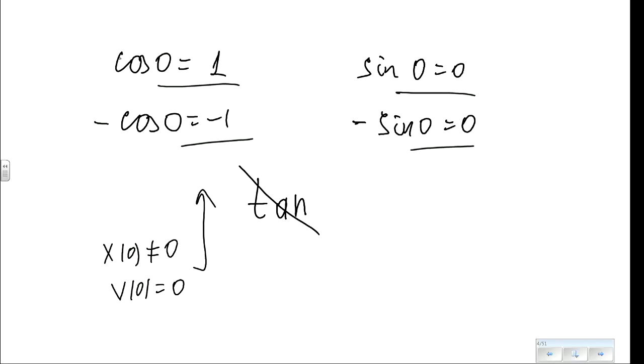But if initial location is 0, and we mean that 0 and equilibrium are the same thing, in that case, we got to use a sine. That's it. What sine, plus or minus, or what cosine, plus or minus, that also depends on initial velocity, how it moves to the left, to the right.